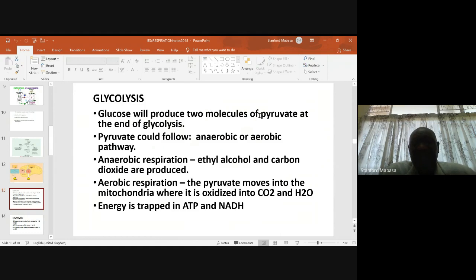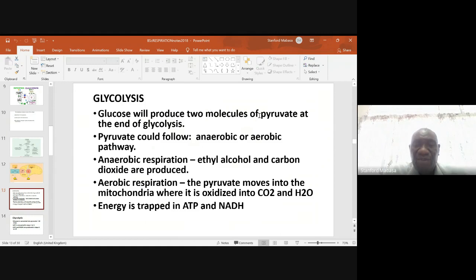Anaerobic respiration can lead to ethyl alcohol and carbon dioxide. Aerobic respiration can produce pyruvate, which moves into the mitochondria, where it is oxidized into carbon dioxide and water. Then energy is trapped in ATP and NADH.